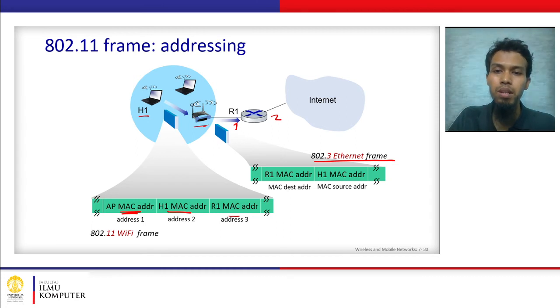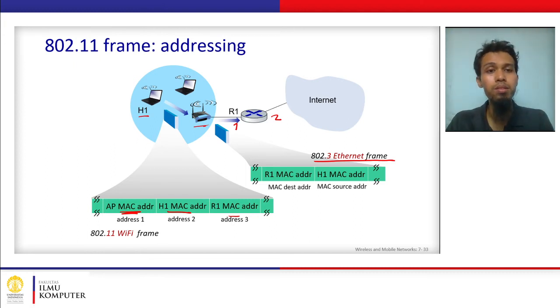The destination MAC address is interface 1 of router 1, and the source address of this frame is the H1 MAC address. Please note that this is not the access point's MAC address, but instead the H1 MAC address, because this is really the source of the packet.